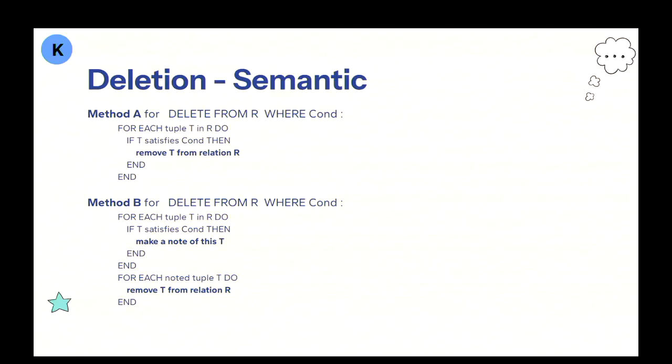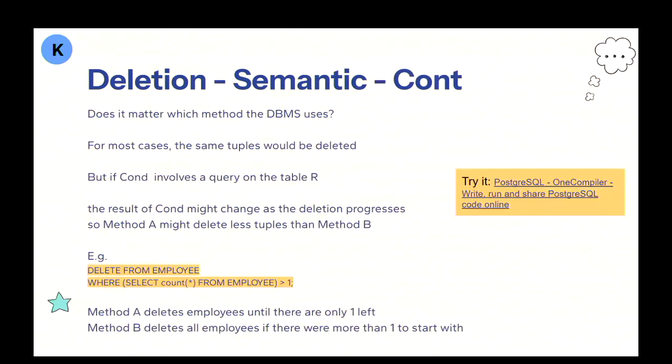Then in the second loop, we delete all the tuples we have taken note of. So these are two different styles or methods for doing the same thing here.